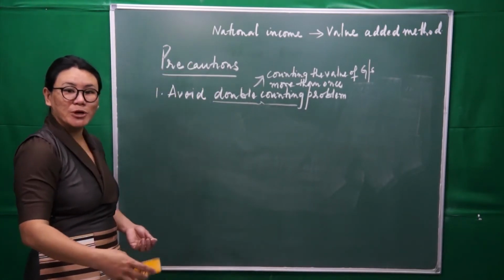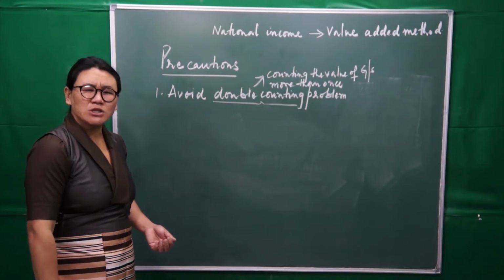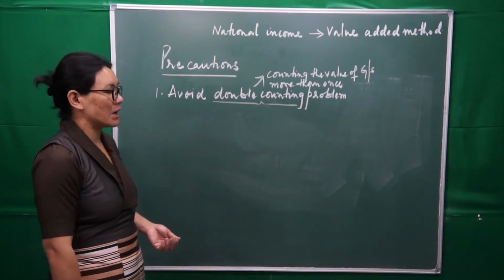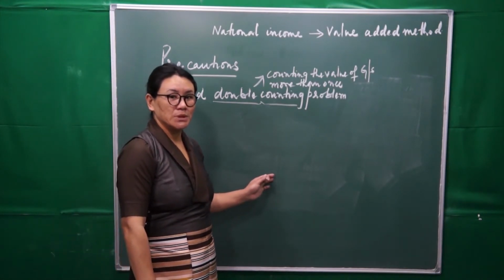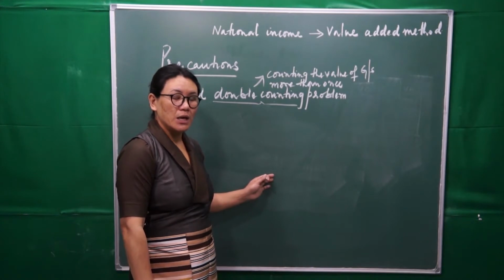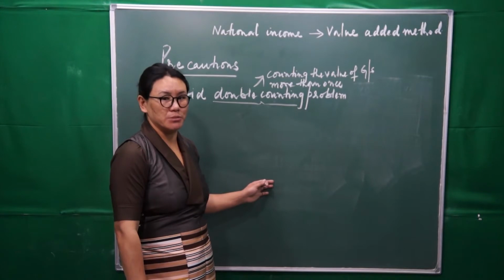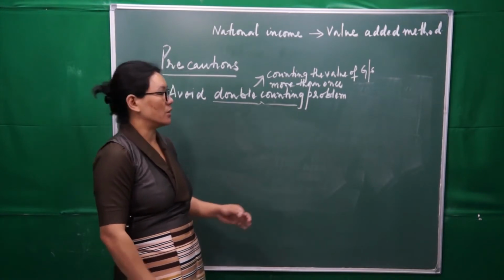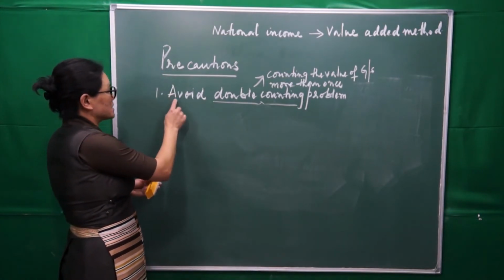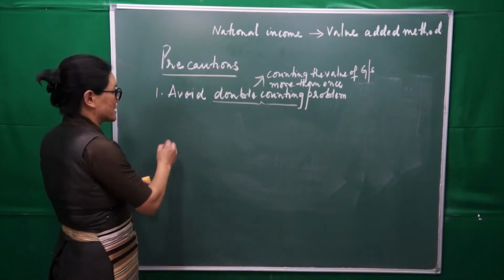Later in your numerical problems you will get so many cases of the double counting problem. Is that clear? And you have to be very careful in solving such problems. So this is your first precaution.